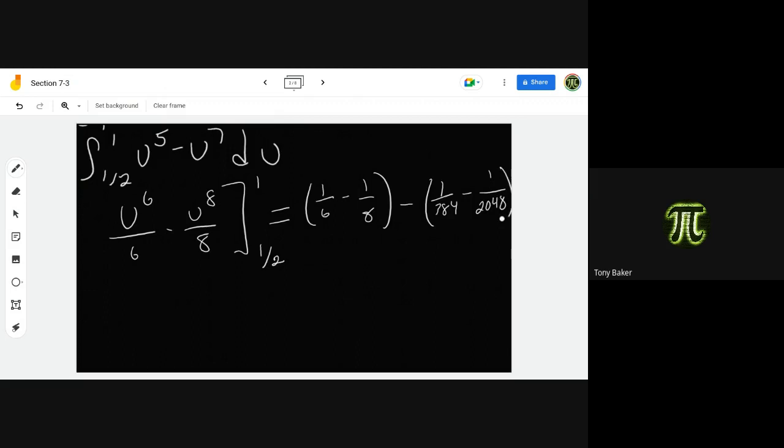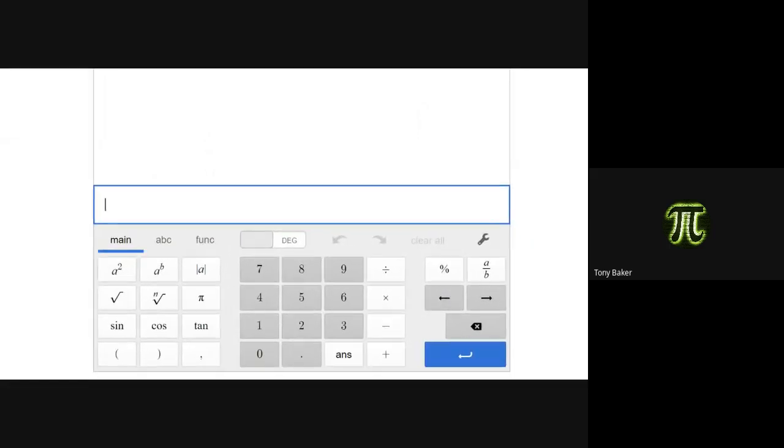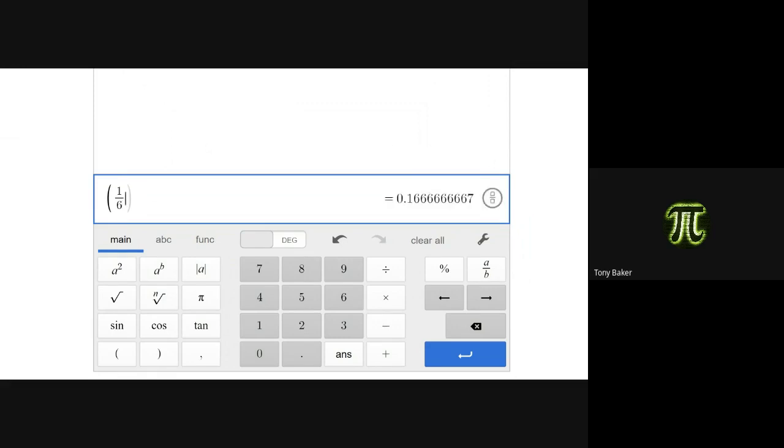Okay. Now, again, you don't necessarily have to sit there and do out the fractions. This is what happens when I make up problems. It always comes out to be nice. But that's okay, because we have decimals. So we had 1/6 minus 1/8 minus 1 over 64 minus 1 over 2048.